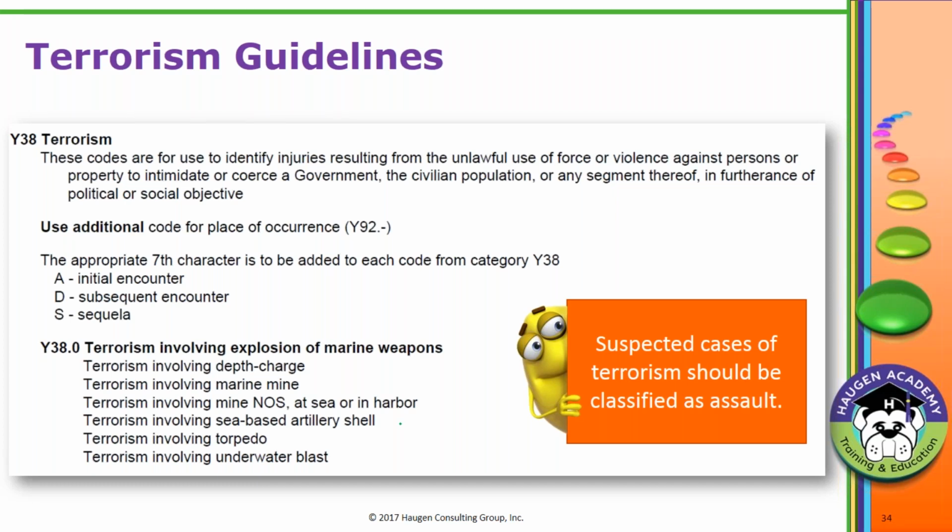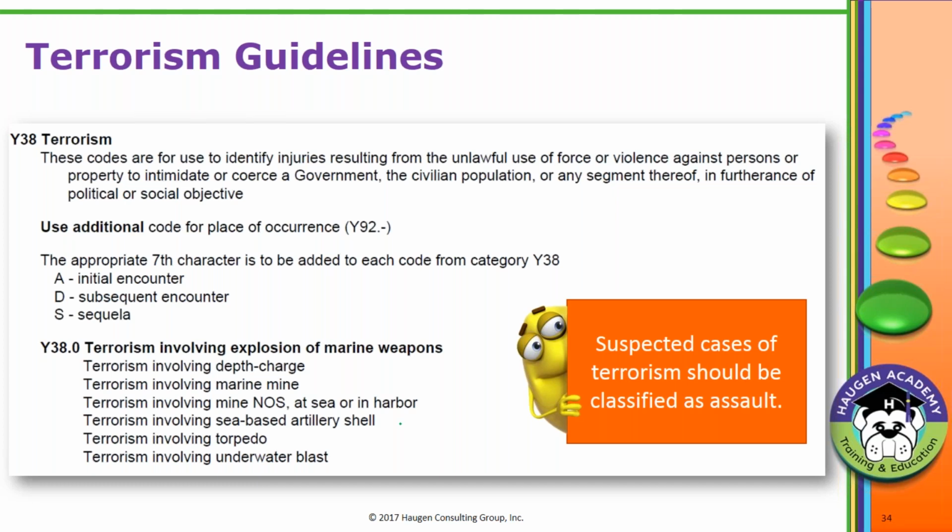If and when you were to use the terrorism codes, the terrorism guidelines are used by the FBI sometimes. They're one of the organizations that would potentially use this, and several other government agencies as well.